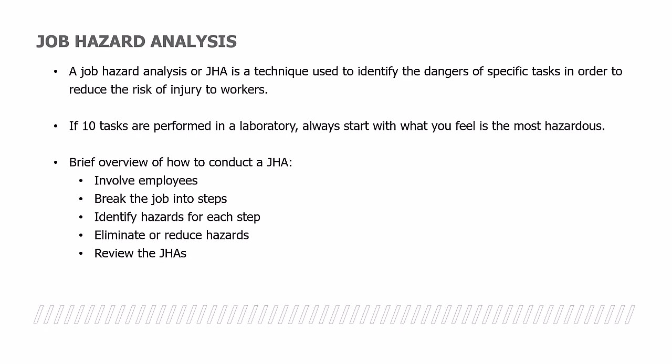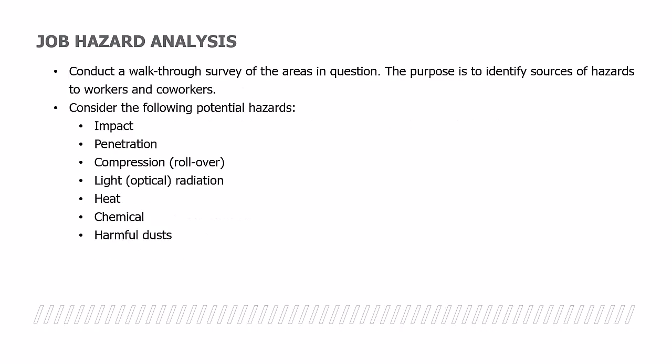Identify the hazards for each step that you've broke that job down into. And then once the steps have been identified, can you go through and eliminate or reduce the hazards? And then once again, go back over and do a thorough review of your job hazard analysis, which you just performed for that particular job task.